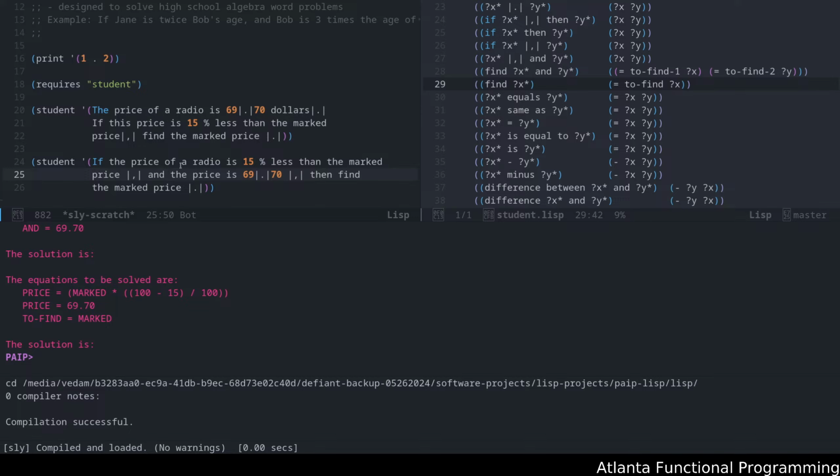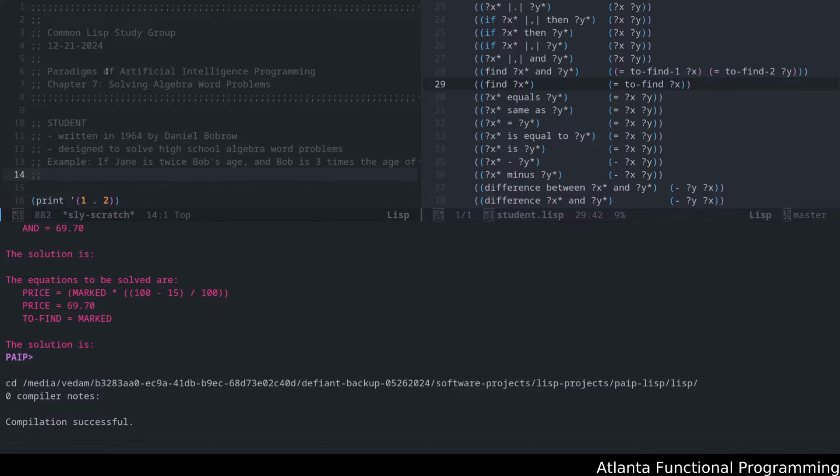Let's try something here. Make sure it handles this price. This is same as.